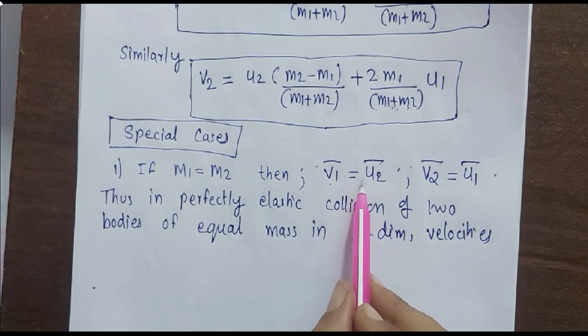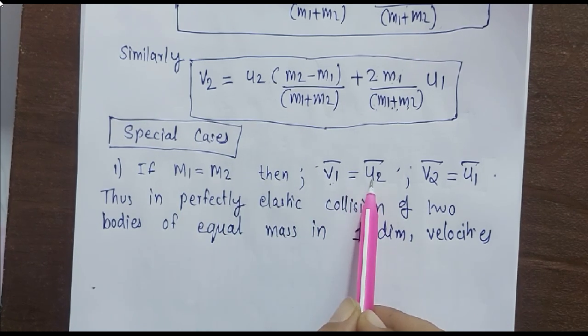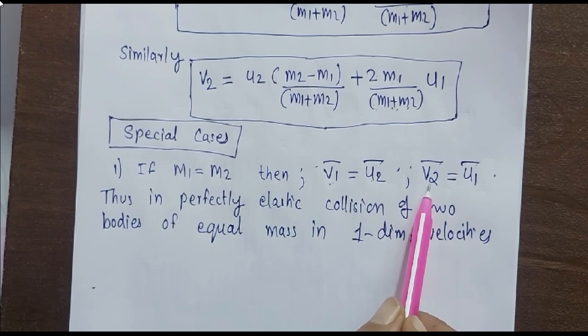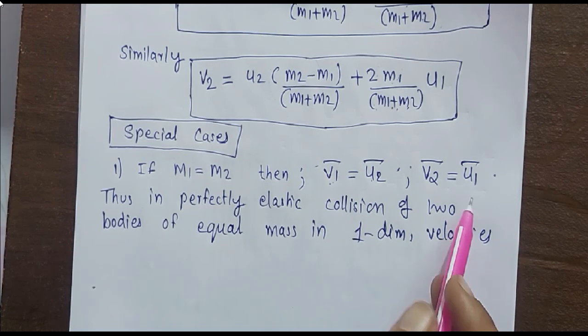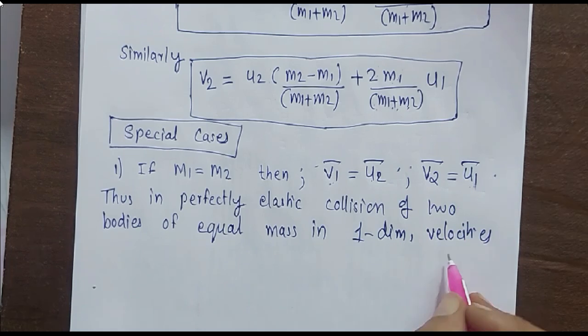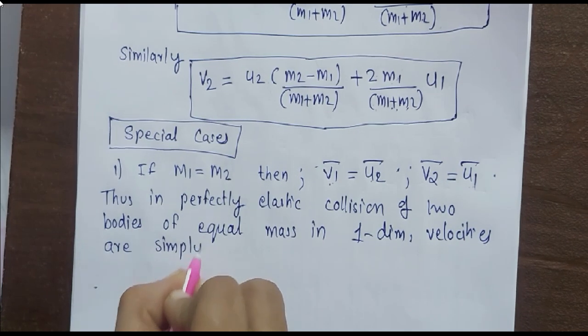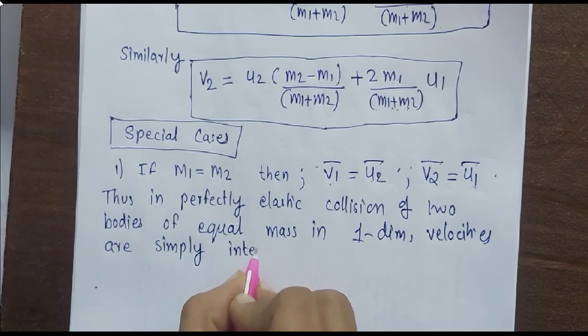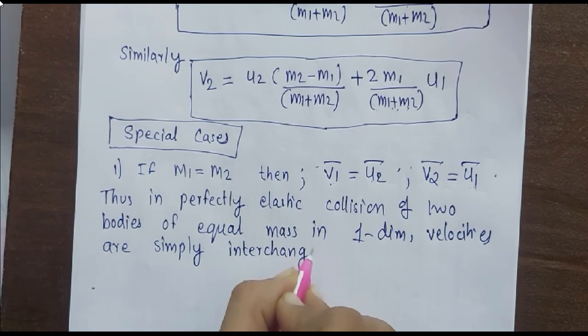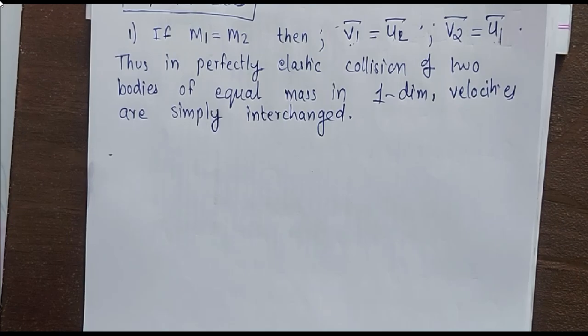The first particle will acquire the velocity of the second, and the second particle will acquire the velocity of the first particle. Velocities are simply interchanged.